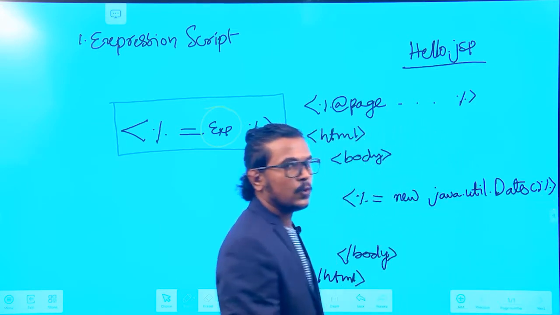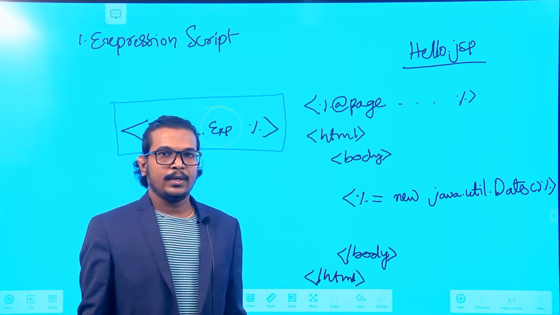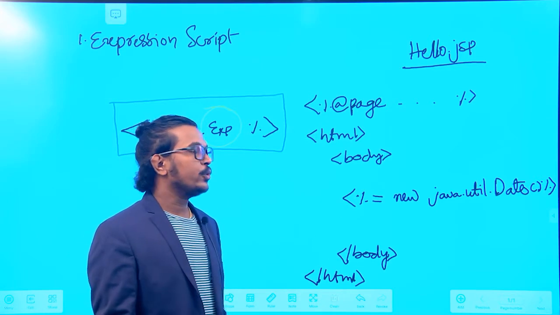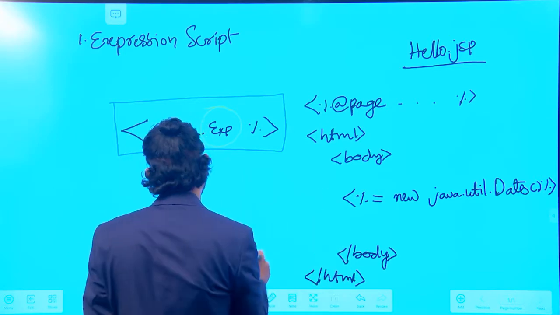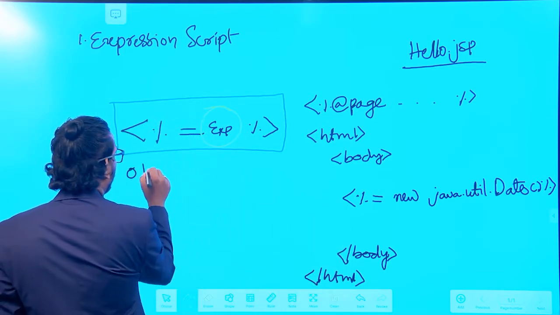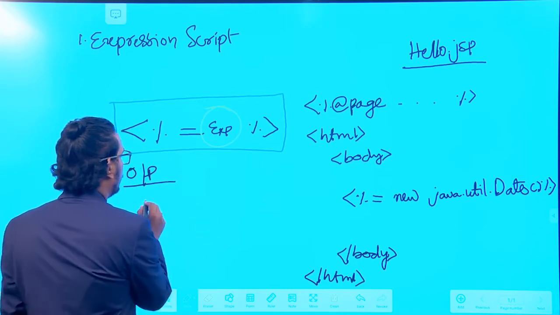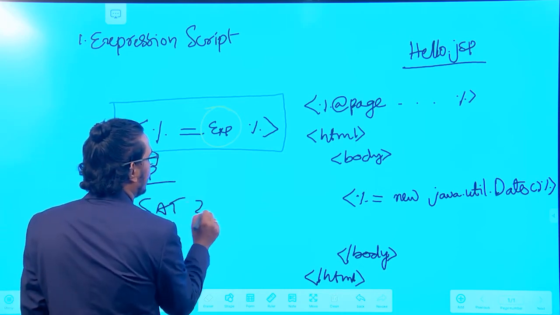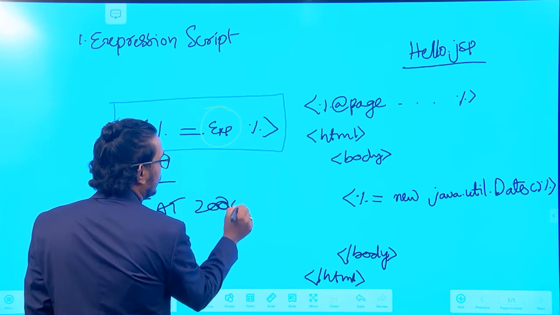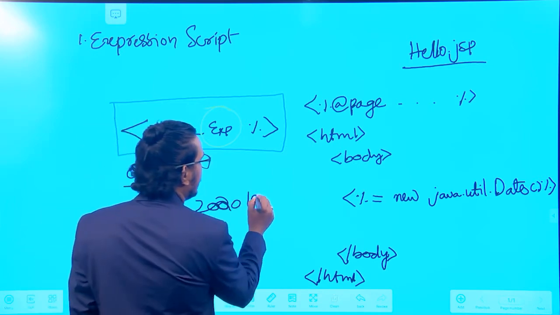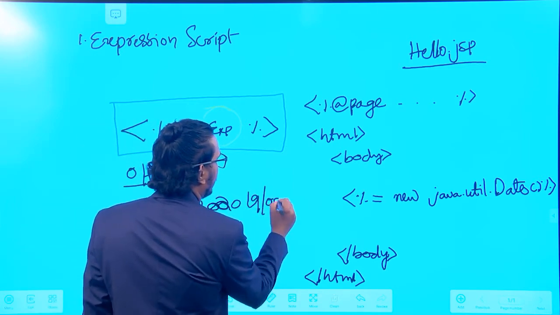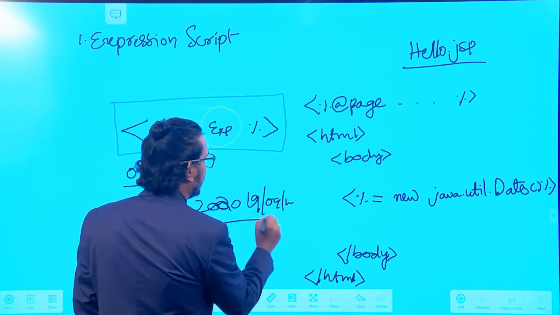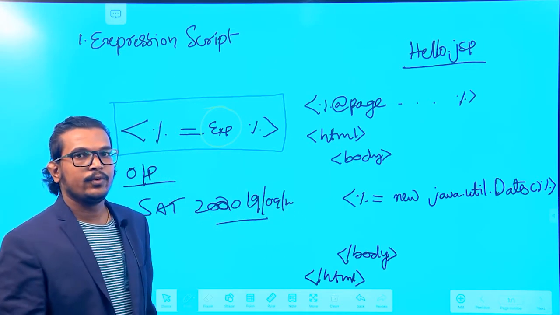What is the output we'll get here? You will get today's date, Saturday, year 2020. And what is today's date? 19/9/2020. Like that, with timestamp, you will get the particular date information.